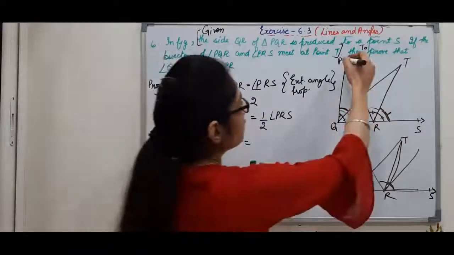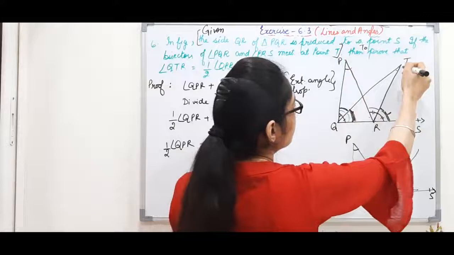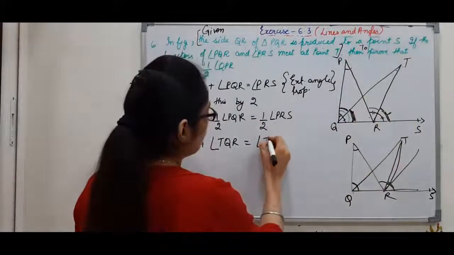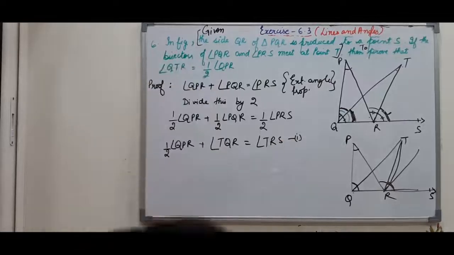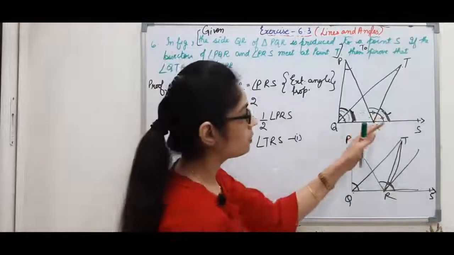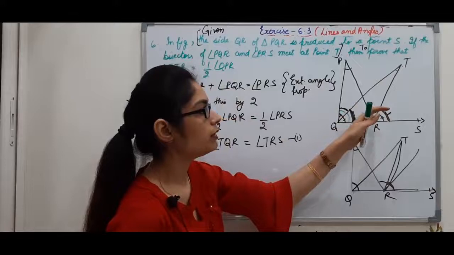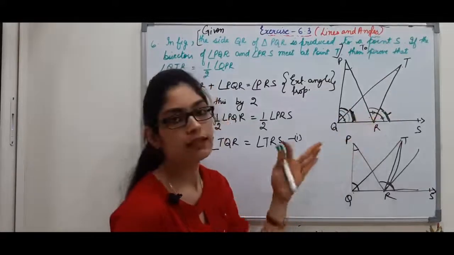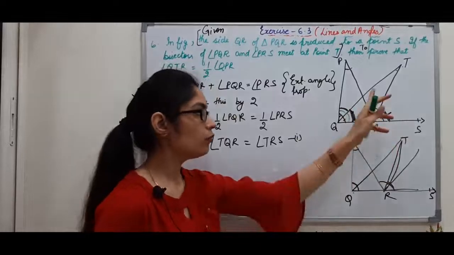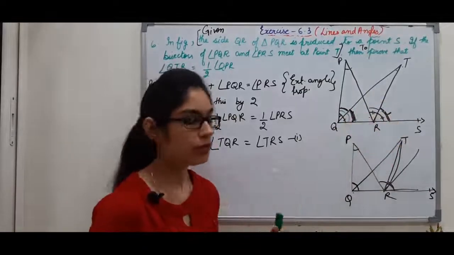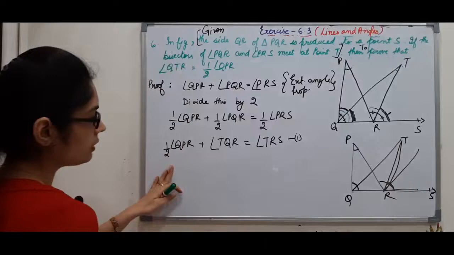So half of this angle PRS, we will use as angle TRS. This is point number 1. Because this is the bisector, this angle and this angle are equal to each other. If the total angle is 80, then this will be 40 and this will also be 40. So that's why we have used this.